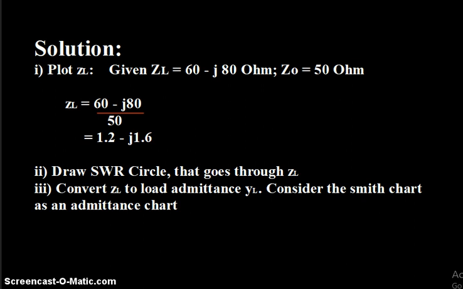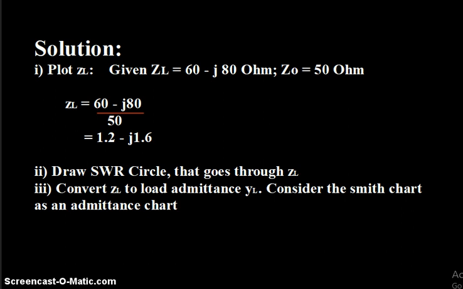Based on the design steps, now we are going to plot ZL. For that, we calculate the small zL, the normalized impedance. This normalized impedance is calculated from the given load and the Z0 value. So load divided by Z0 gives the normalized impedance, that is, 60 minus j80 divided by 50 equals 1.2 minus j1.6.